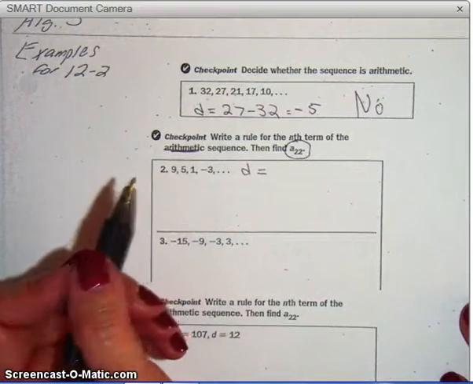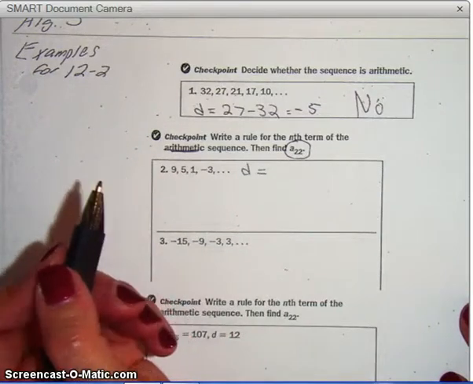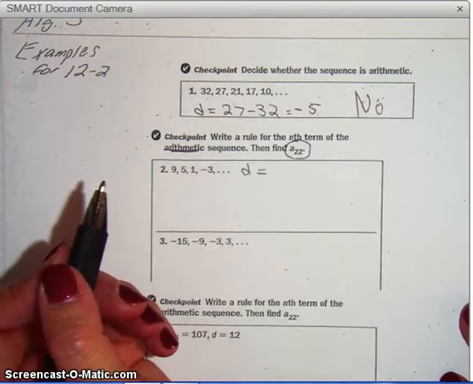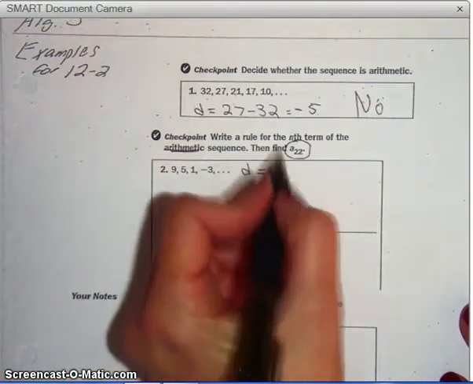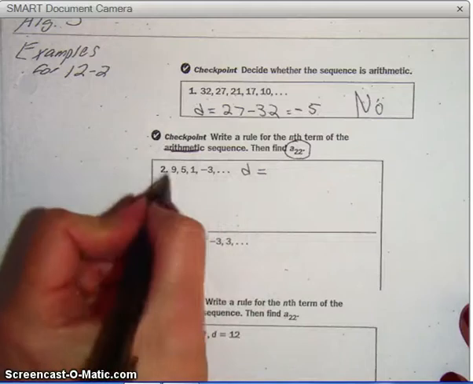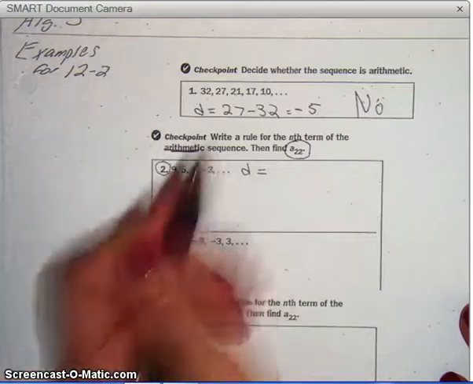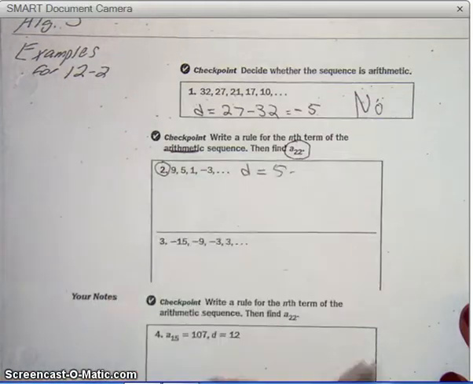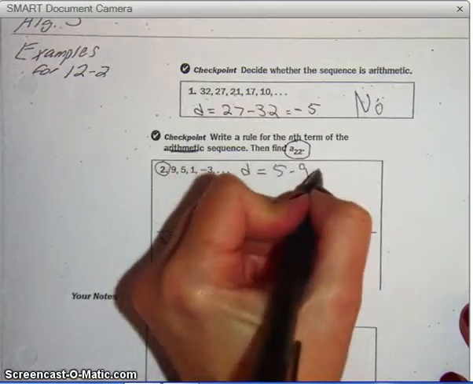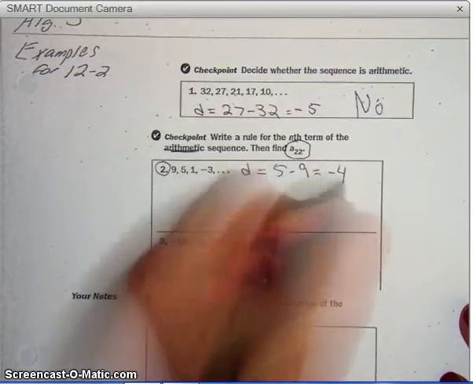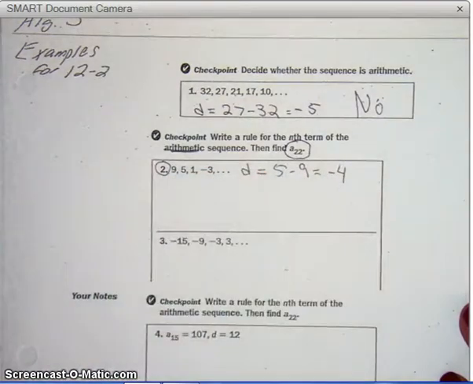What minus what? Yeah, so what's a2? I believe that's the first term. So 5 minus 9. And that comes out to be -4. Everybody good with that?